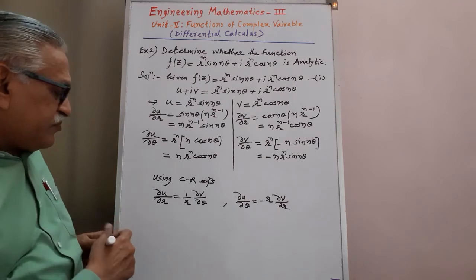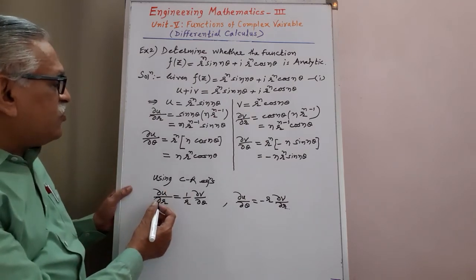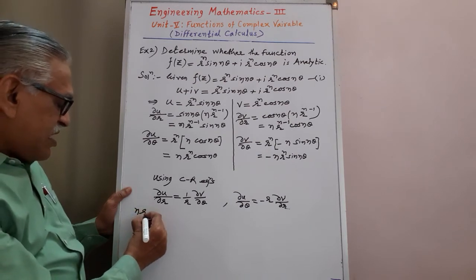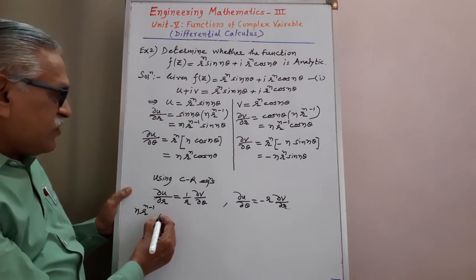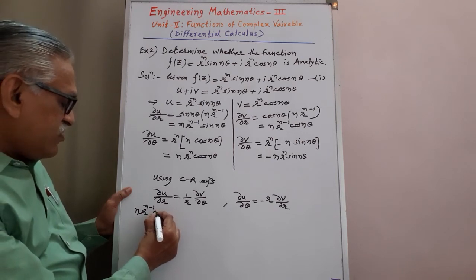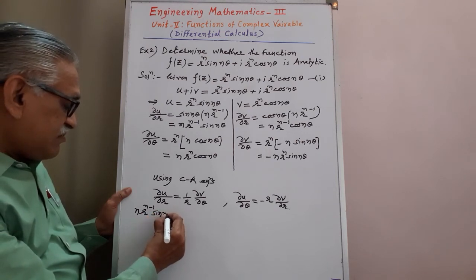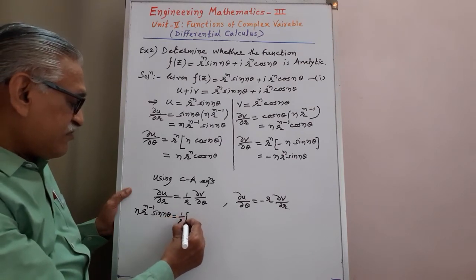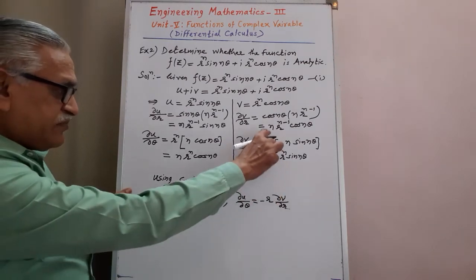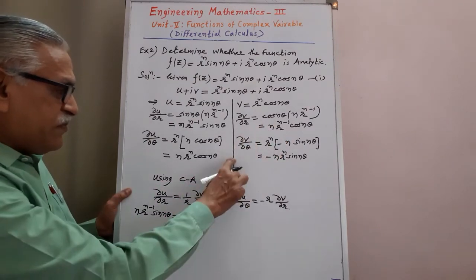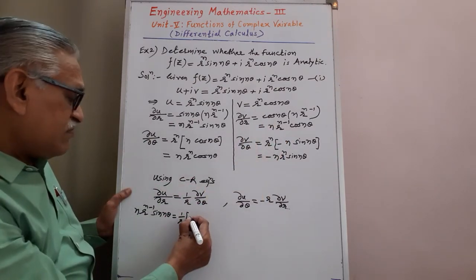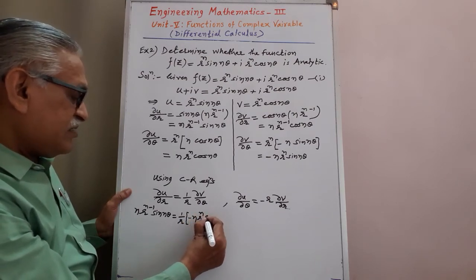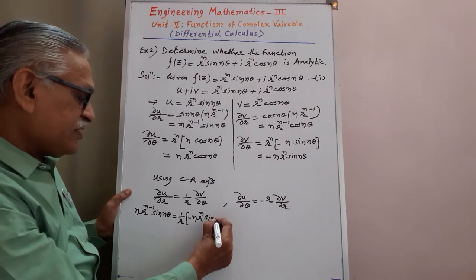And therefore, substituting the values of dou u by dou r, we have n r raised to n minus 1 sine of n theta, and that is equals to 1 by r dou v by dou theta, and the value of dou v by dou theta, it is minus n r raised to n sine of n theta.